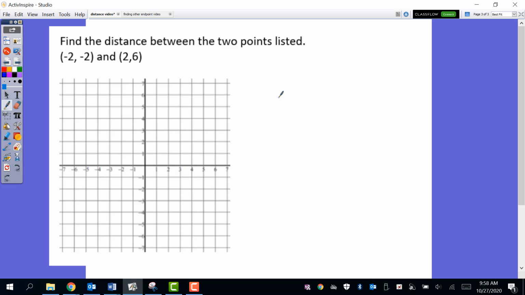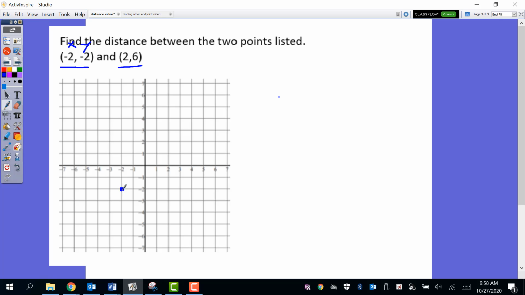Next, we're going to find the distance between 2 points. What we need to do is plot the 2 points. So we have (-2, -2) and (2, 6). Remember, this is your x and this is your y. You plot x first, so -2, and then find y, -2.